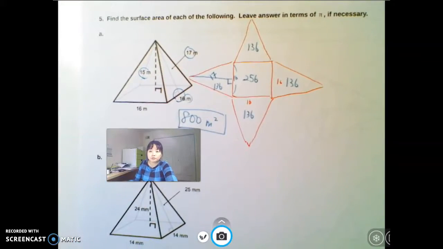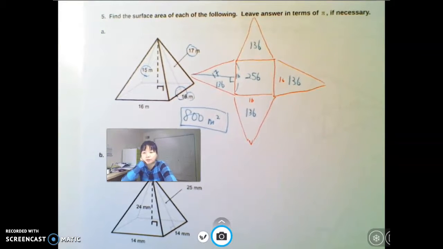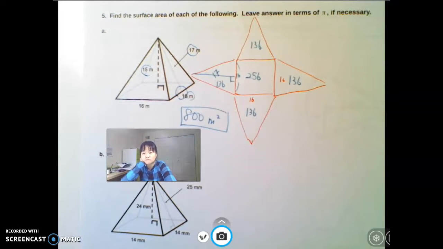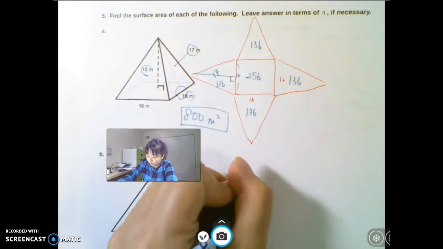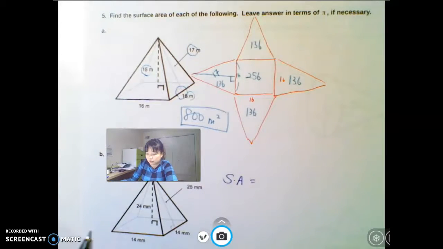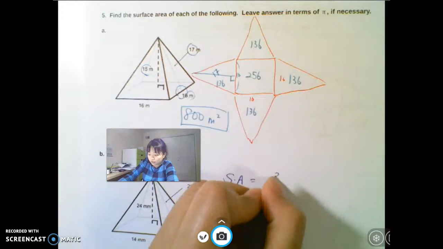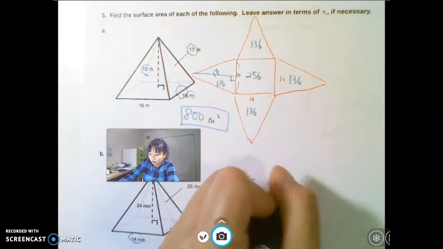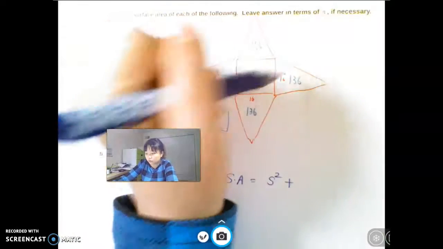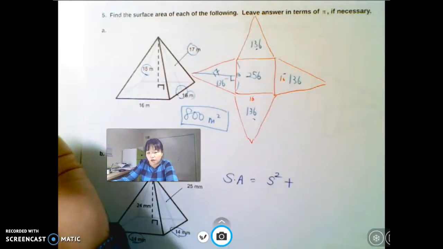So that's how you do a square-based pyramid. For a formula, it's not like there's a formula that we can just Google. I would say surface area of a square-based pyramid would be the base, I'll call it the side squared, because a square has 2 sides that are the same, plus you have those 4 triangles.